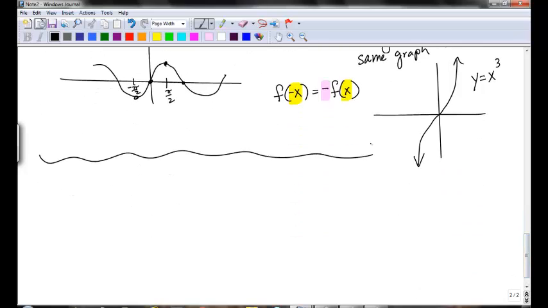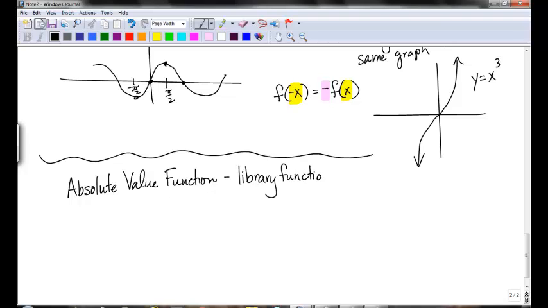The last one we're going to look at for today is what they call in the book a library function. That means it's built in on your calculator, and that's the absolute value function.